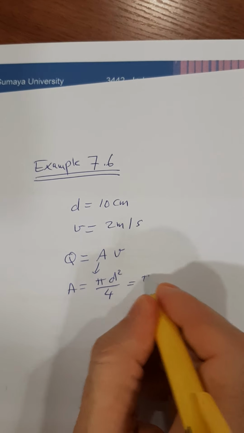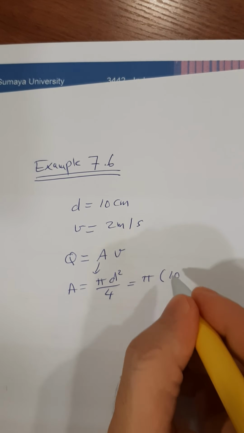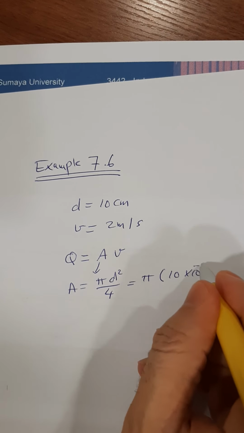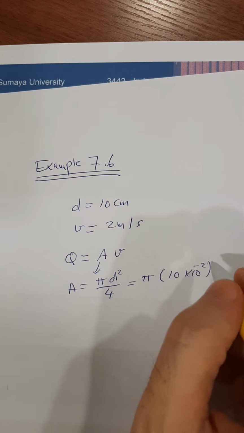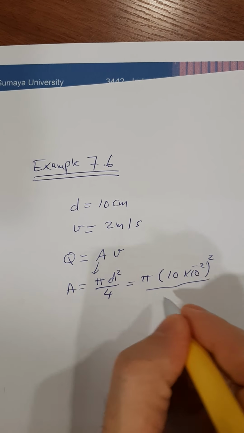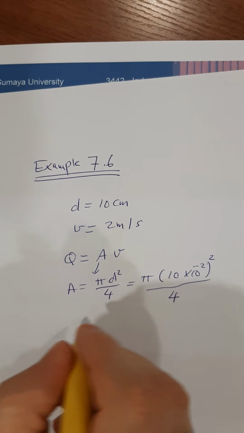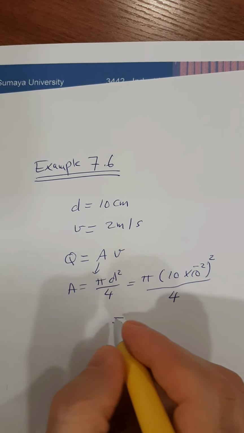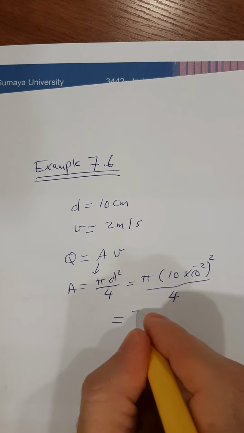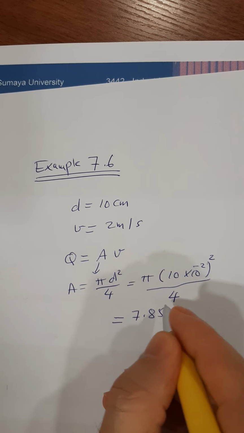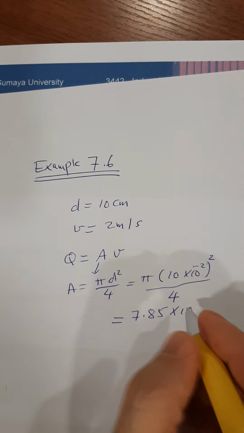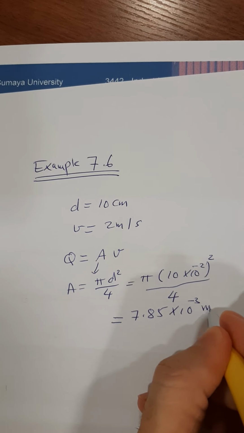So this is equal to pi times 10 centimeter, which is 10 to the power minus 2 because it is in centimeter, and it is squared, divided by 4. When you calculate it, this will be equal to 7.85 times 10 to the power minus 3 meter squared.